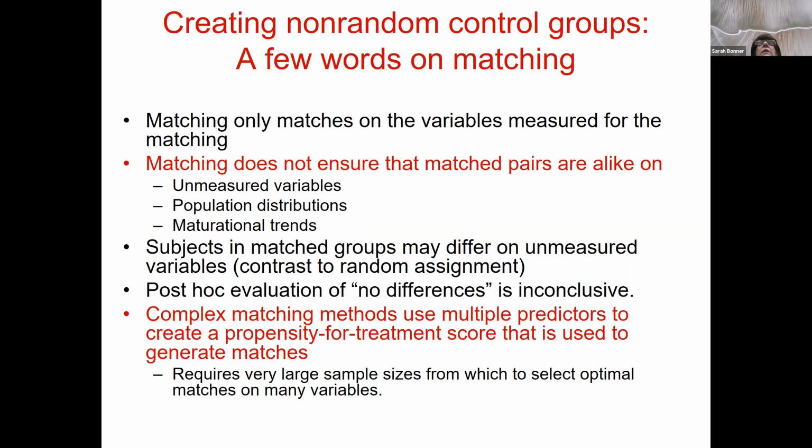But those people in each group are still coming in with a ton of background variables that they are not equal on and that could affect the outcomes. So you are only able to match on the variables that you can measure.